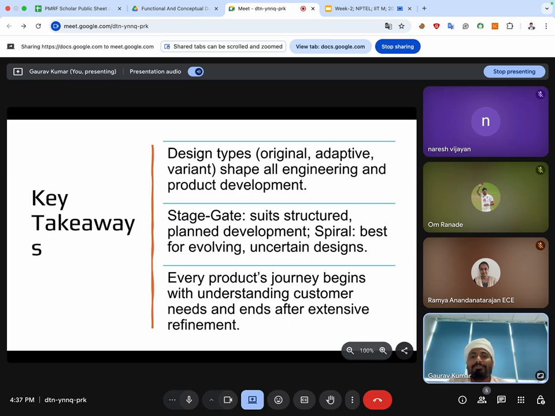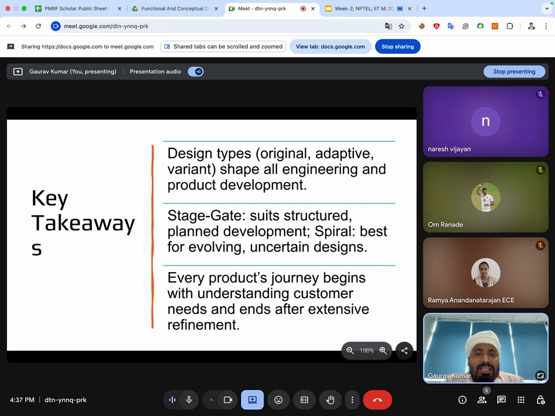And next one is: every product journey begins with understanding customers' needs and ends after extensive refinement. So let's not forget the human side of product development. Every great product starts with empathy, understanding what the user really needs, right?